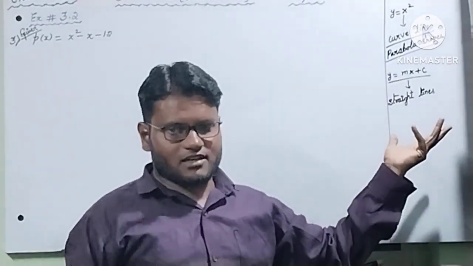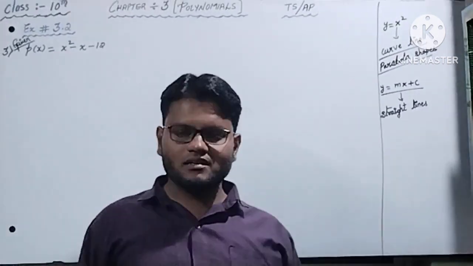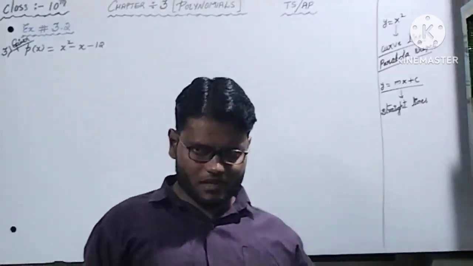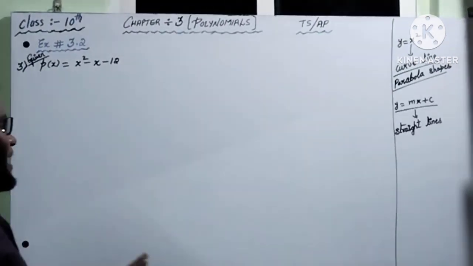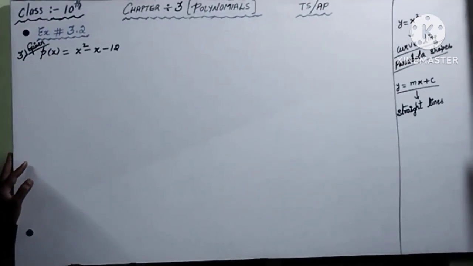That means linear, and linear always gives straight lines. Okay, x square gives curved lines. Remember this one. Here also, I have the question with x square, so x square means a curved line only.